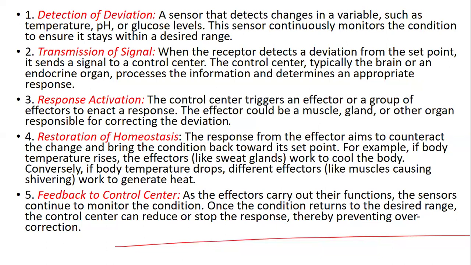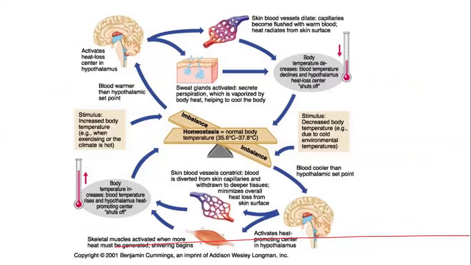Okay, I think we can carry on. So here is a diagrammatic representation of all the things we have been talking about with a specific reference to the temperature regulation. If you can see here, this horizontal bar shows us the normal body temperature, which should range between 35.6 and 37.8.